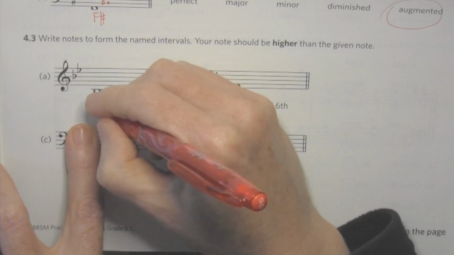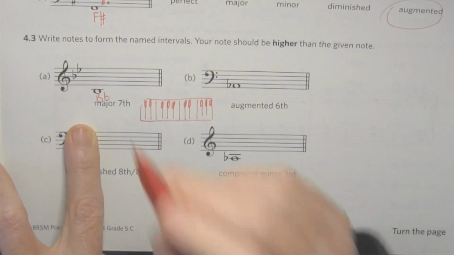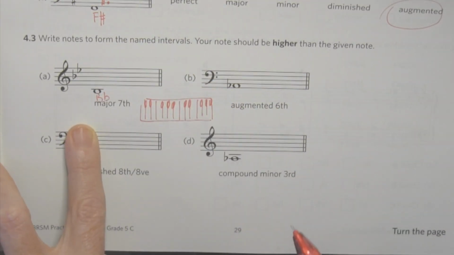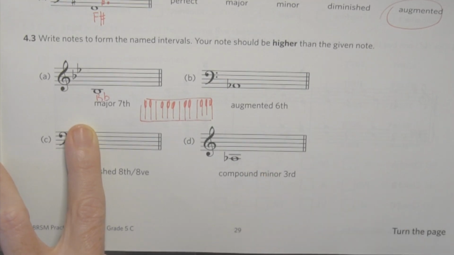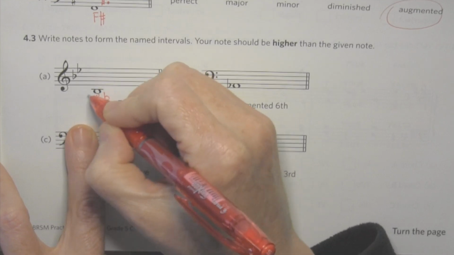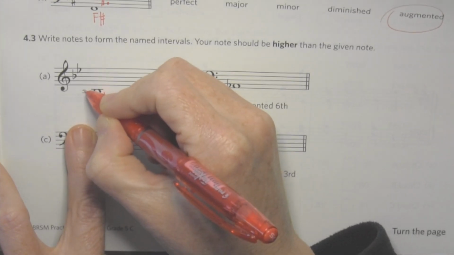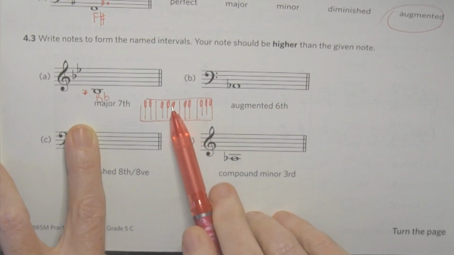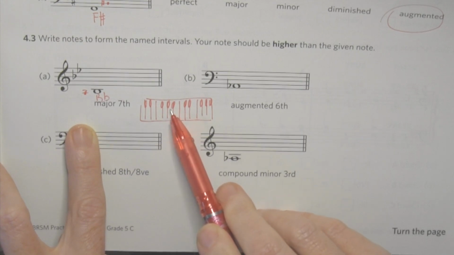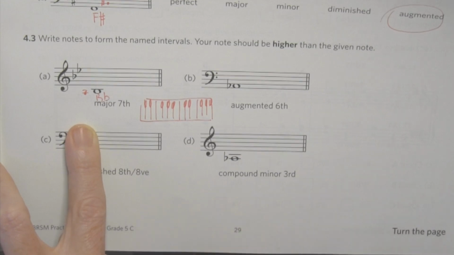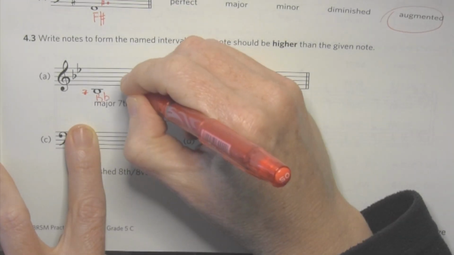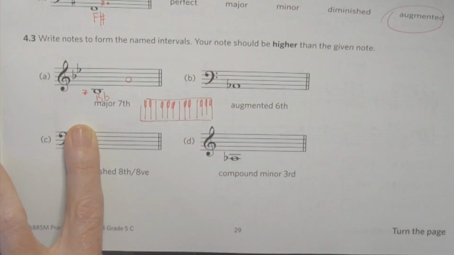This is B flat first of all, because we have 2 flats in the key signature. To make a major 7th, we need to have a minor 2nd the other way. So from B flat, we go 1 down, and we find A. This is a minor 2nd, which flipped over becomes a major 7th. So this is it.